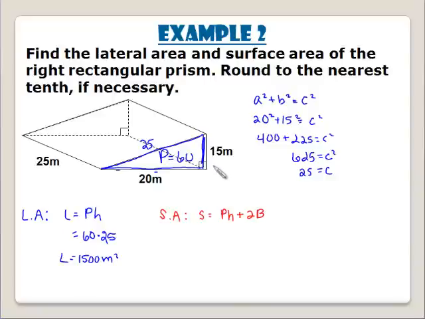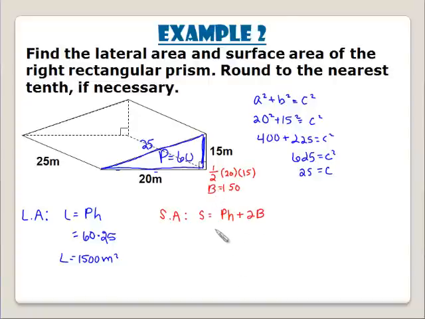So area of a triangle is 1/2 times your base. I'm going to use 20 for the base of the triangle, times the height of the triangle. So 1/2 times 20 times 15, that'll give me B, the area of the base. Okay, so when you do that, we get 150, and that is capital B, the area of the base.